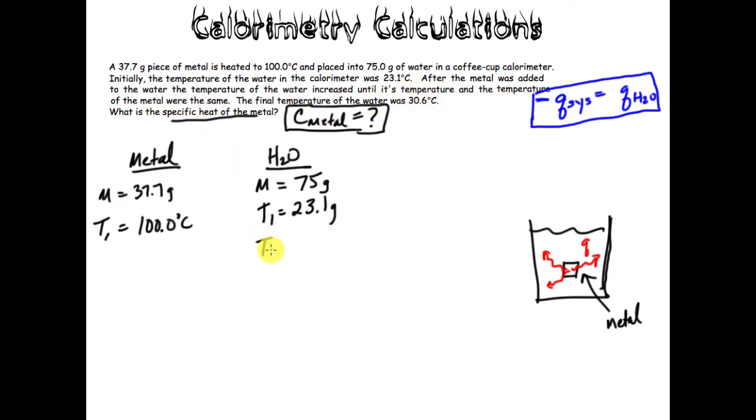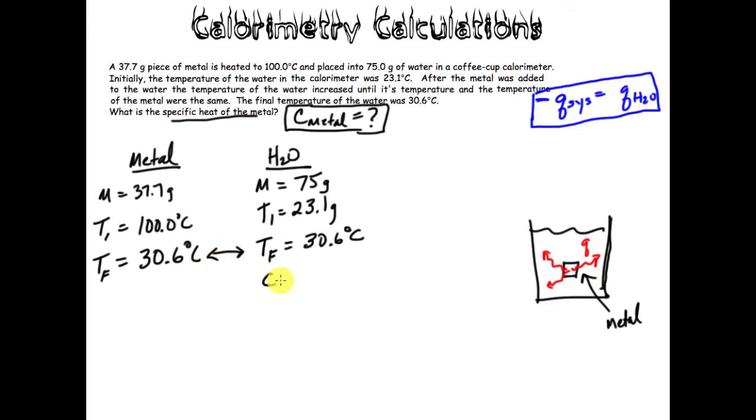So the temperature of the water, let's put an F here for final, is going to get to 30.6 Celsius. So the temperature of the water is going up, and the temperature of the metal is going to get to that same final temperature. It's going to keep transferring heat until they come to thermal equilibrium, or their temperatures are the same, and then we don't see a transfer of heat anymore. So these two things are the same at the end of the experiment.